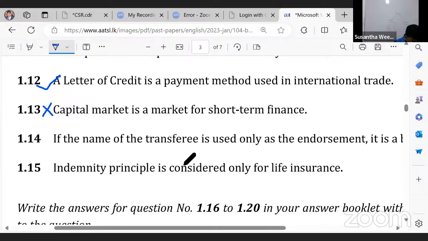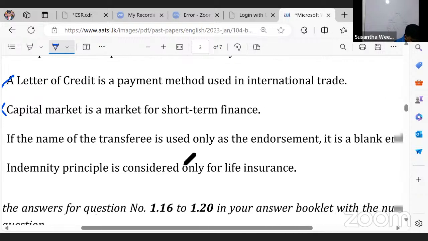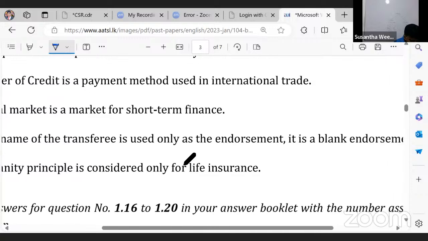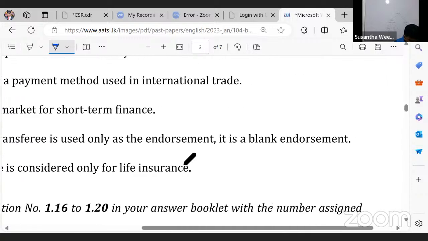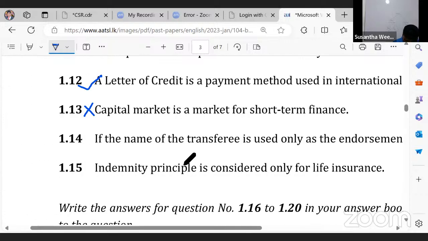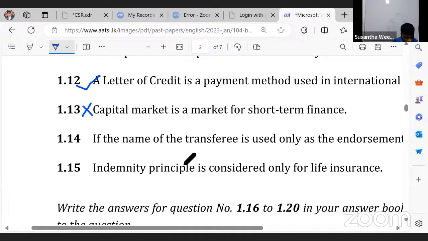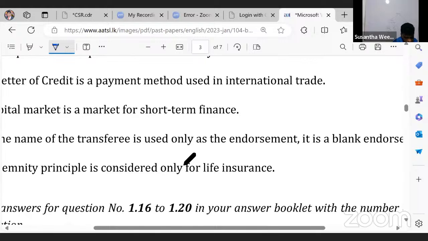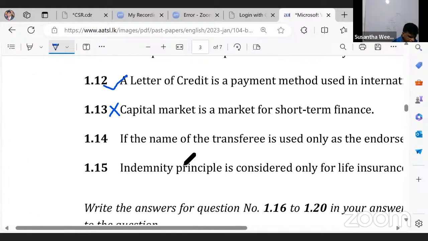If the name of the transferee is used only as the endorsement, it is a bank endorsement. Yes, that is true.